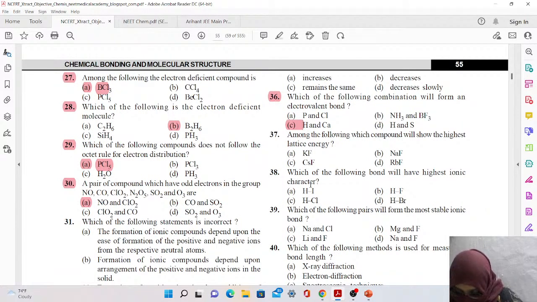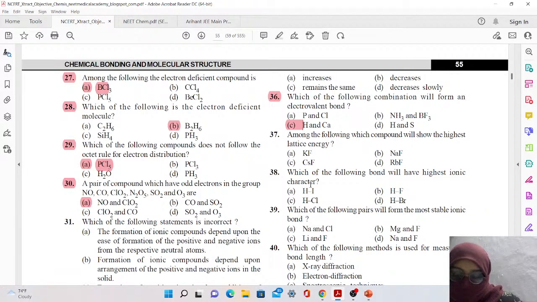So look at potassium, sodium, cesium, rubidium. These belong to alkali metals. Examples of alkali metals are lithium, sodium, potassium, rubidium, cesium. Cesium is at the extreme bottom, sodium near the top. Down the group atomic size increases. If the cation size increases, covalent nature decreases.